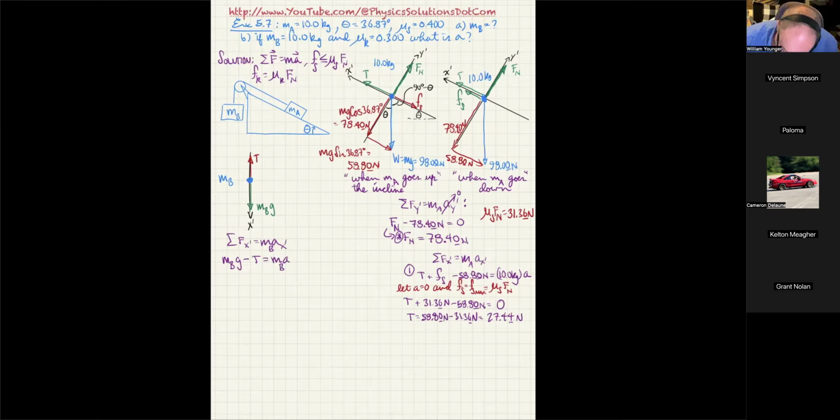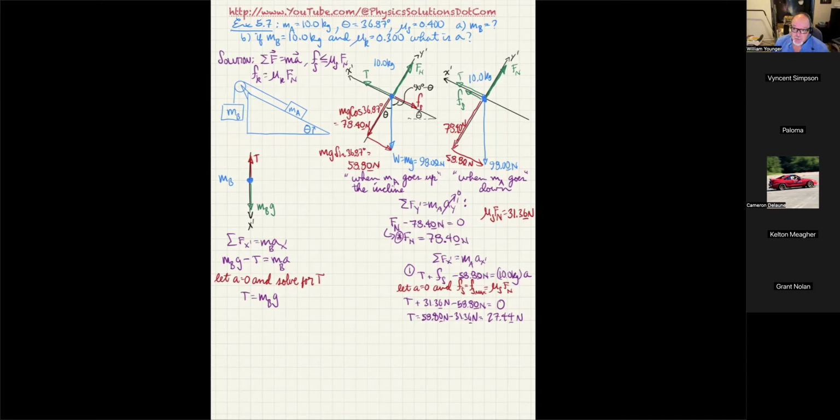Now, if you let A equal 0 and solve for T, I get T is equal to MB times G. Therefore I realize that this 27.44, if I set that equal to MB times G, then I can solve for MB.